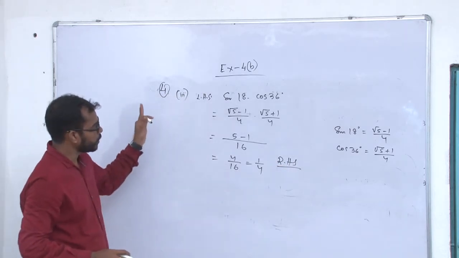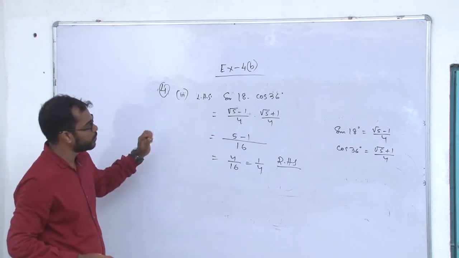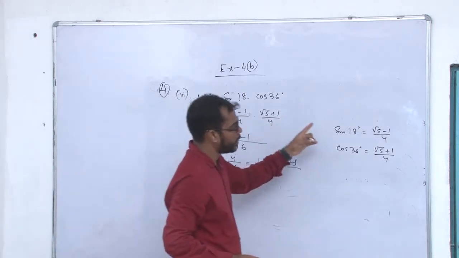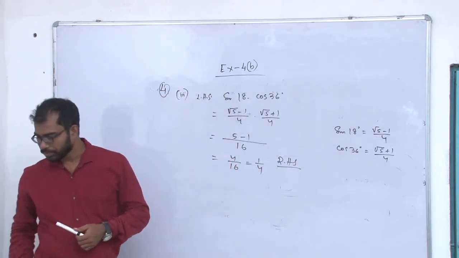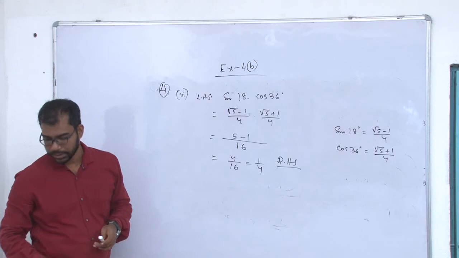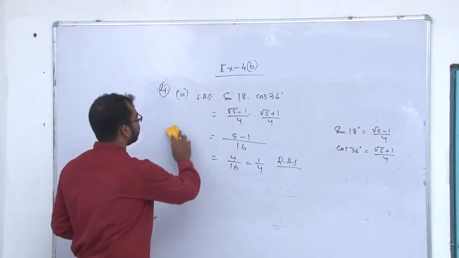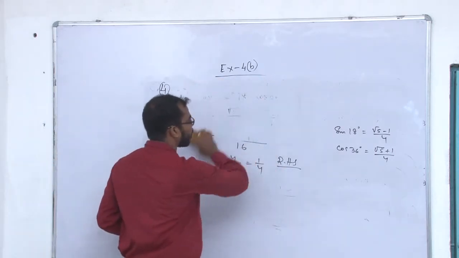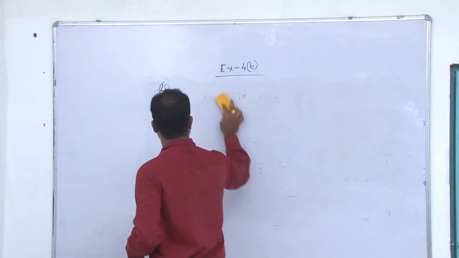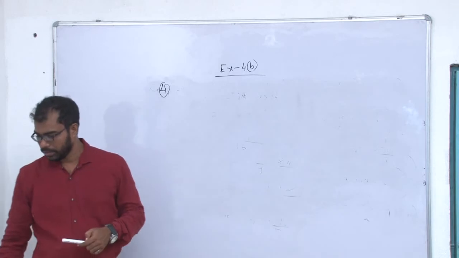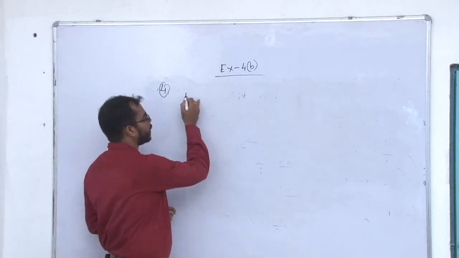So this is a very simple problem, as you know the values of sine 18 degree and cos 36 degree. Next, proceed to question number 4, that is sine 15 degree.